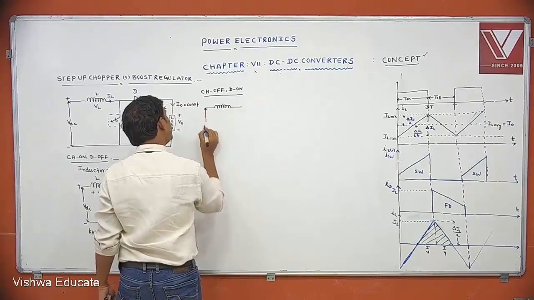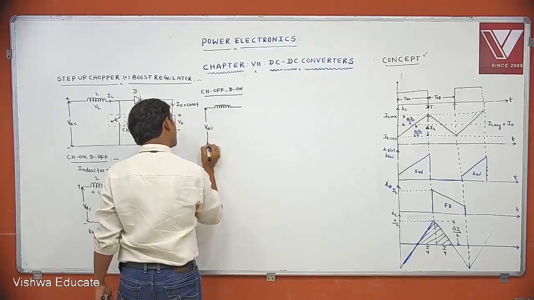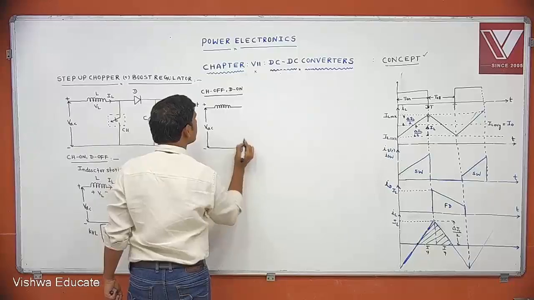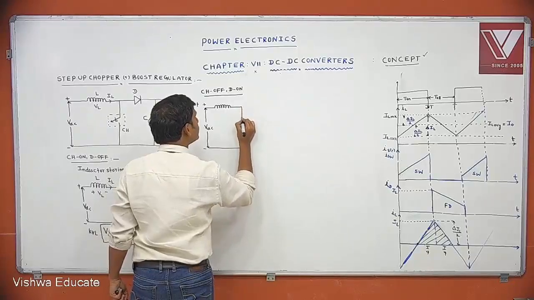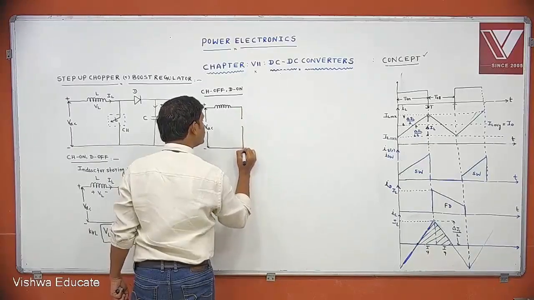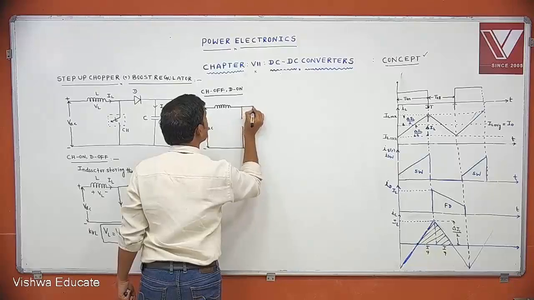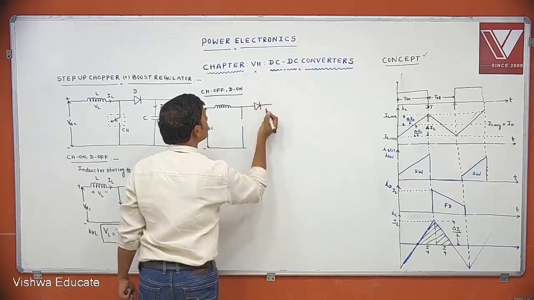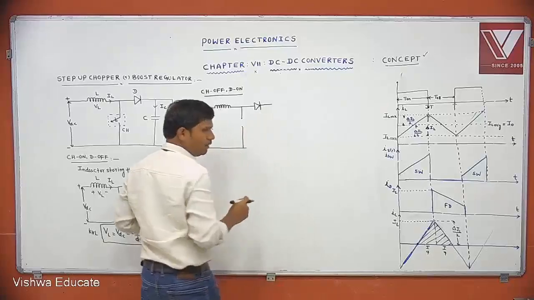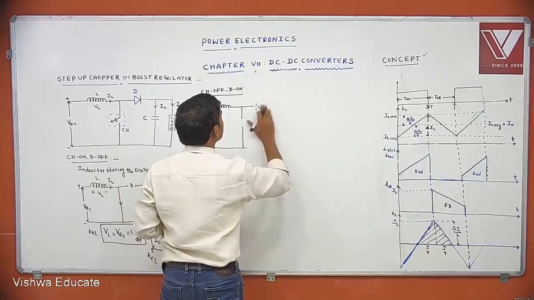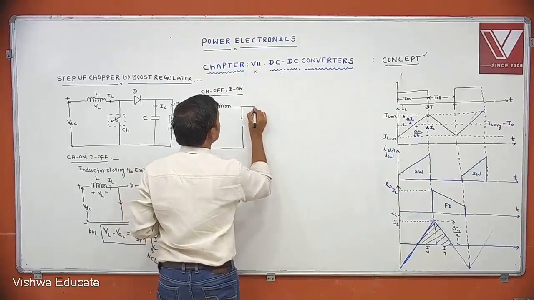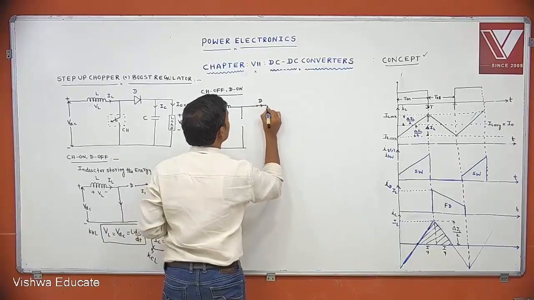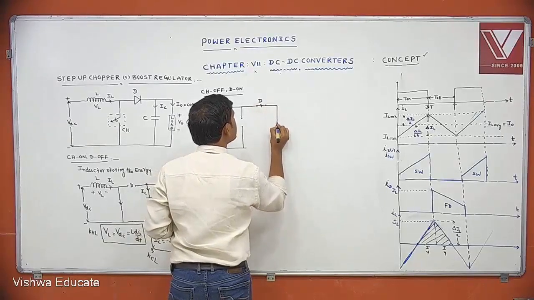It's plus minus VDC, plus minus VD. Chopper is off. Diode is on state. It's the capacitor.